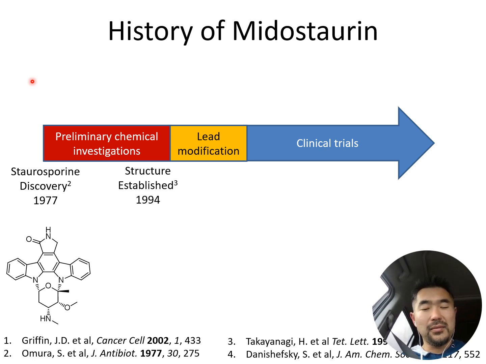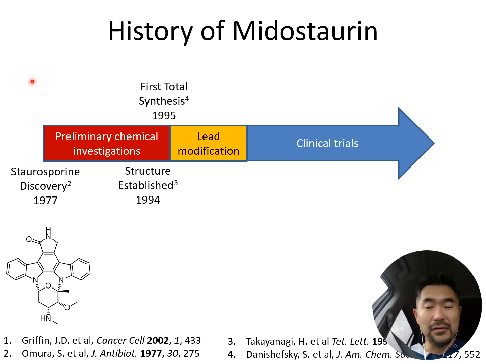While the compound was isolated in 1977, the structure was complicated enough that it wasn't established until 1994. That was further confirmed by the first total synthesis in 1995, meaning somebody was able to make this compound from scratch from commercially available simple compounds.